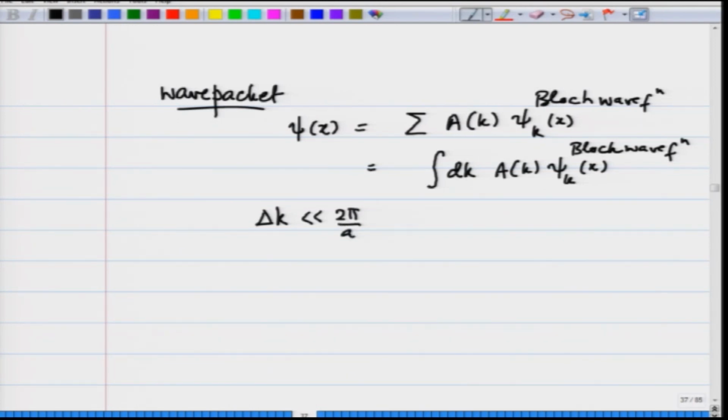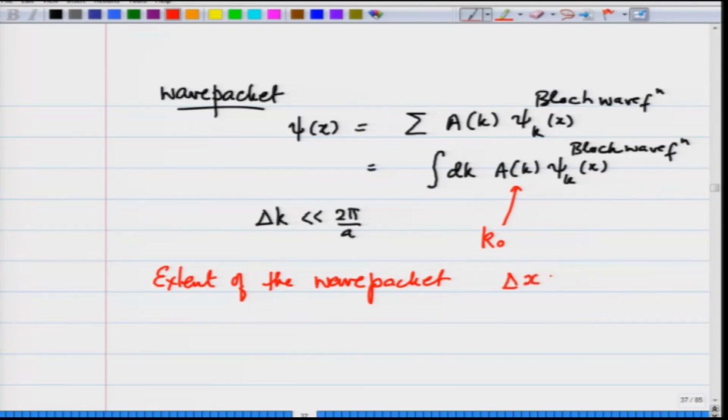So, the amplitude a k here should be large for a particular k 0, and then it should die off very fast, and therefore the extent of the wave packet, that is the size of the wave packet, is given by the uncertainty relation: delta x delta k is of the order of 1, and therefore delta x will be much greater than a over 2 pi.